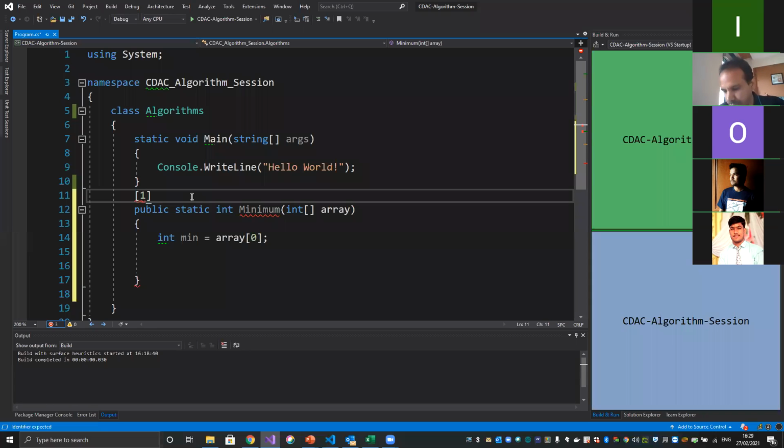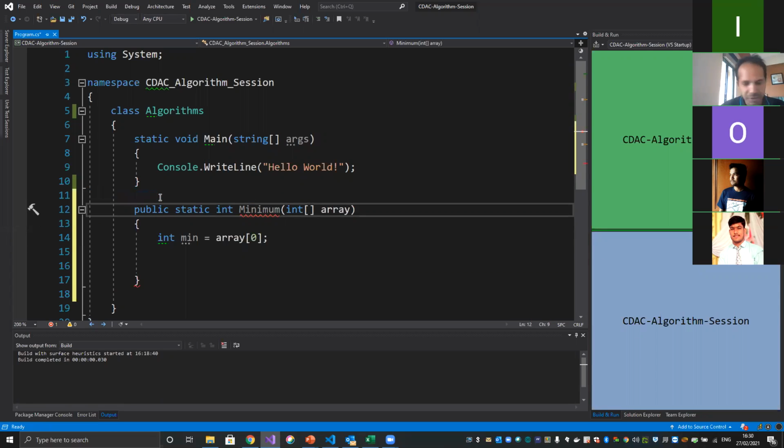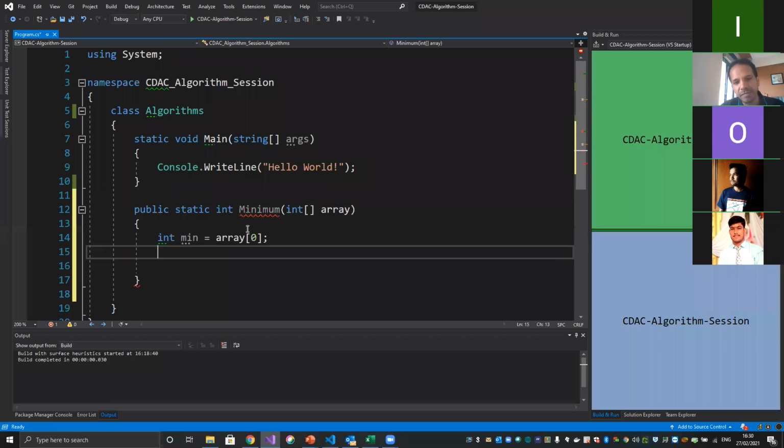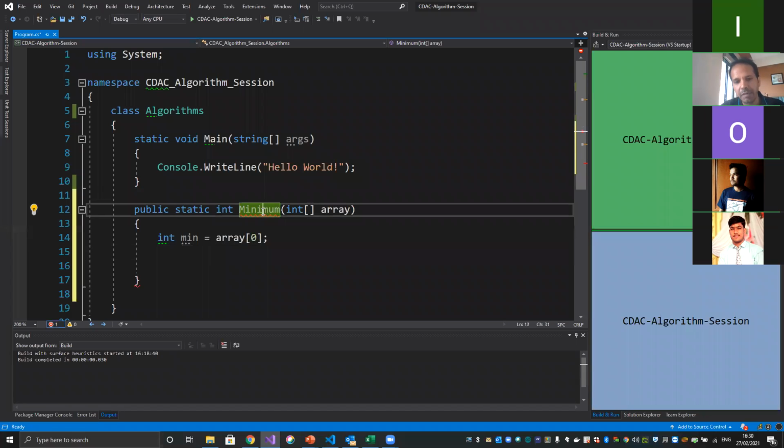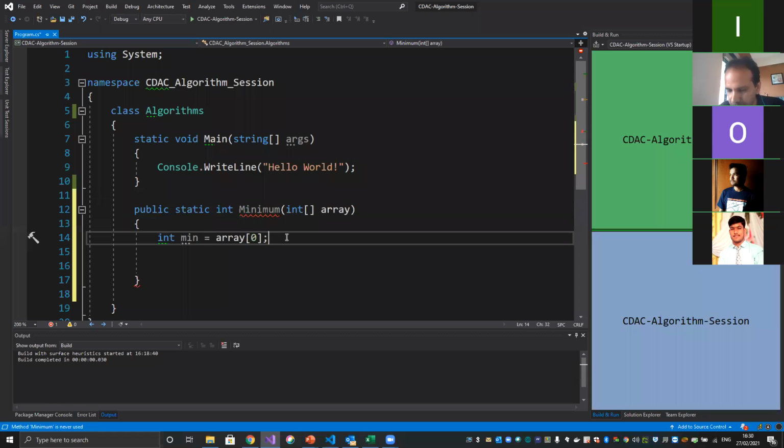And the answer would be the very element. Okay, sir, clear, I got it. Thank you. You're right that this can be the maximum also, and that is very correct. If I was finding the maximum, I would have done exactly the same. I would have said int maximum as a function name, and int max equals array 0, and then also the statement would have been right.